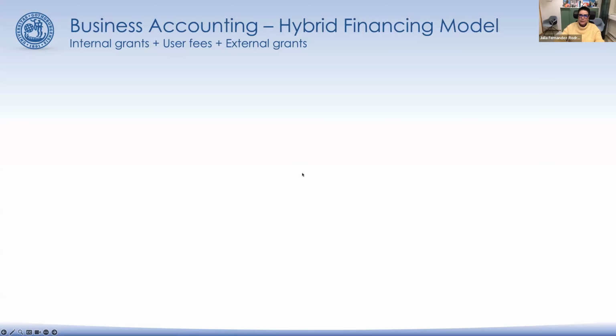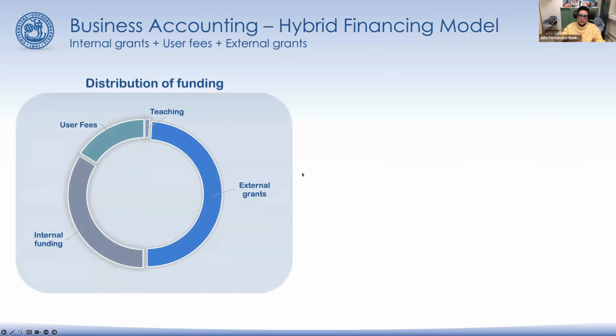Well, we have a kind of hybrid financial model. Being open access means that we accept researchers from any background, from industry and of course from academia, mainly academia.